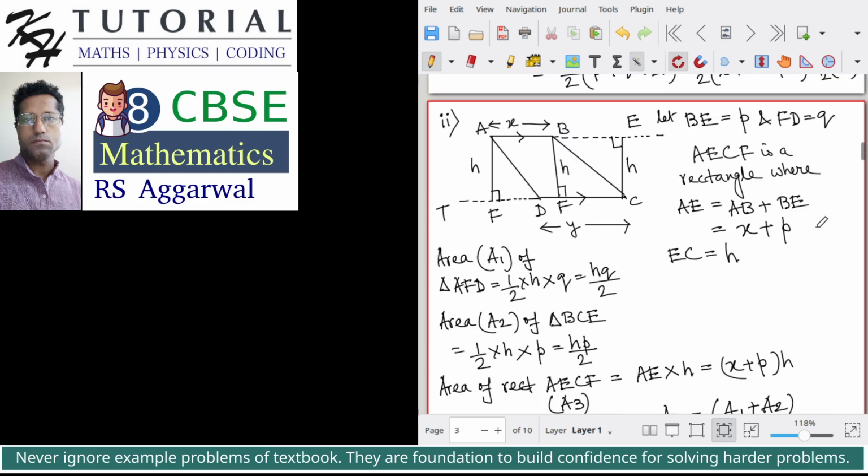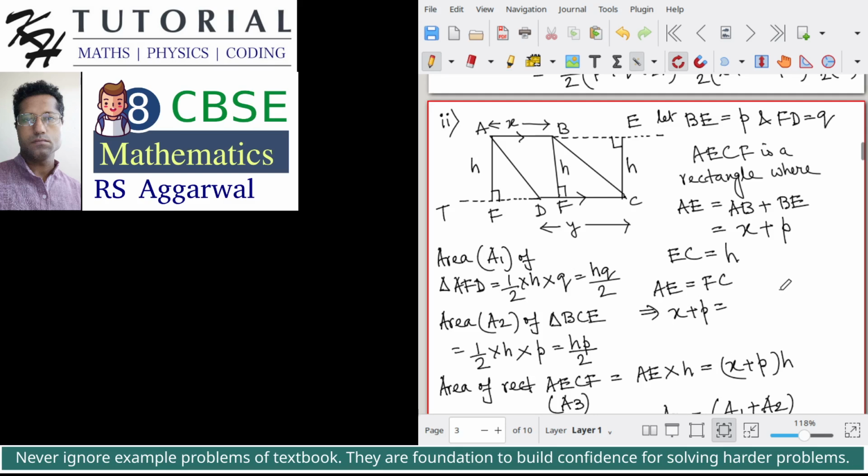Now, please note that AE is equal to FC, as these are the two opposite sides of the rectangle AECF. So since AE is equal to FC, we can say that what is AE? AE is X plus P. And what is FC?